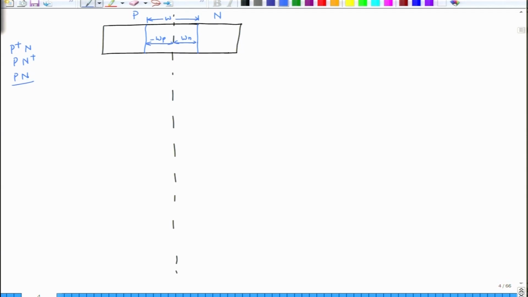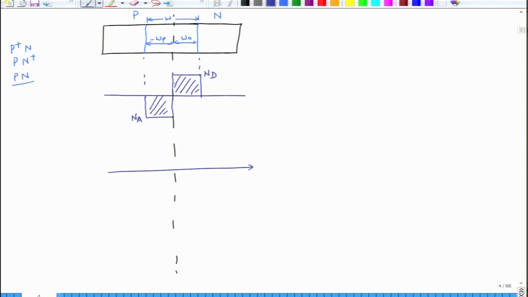Now, let us say we first want to plot the carrier density. When you plot the carrier density, this side is Nd and this is Na.